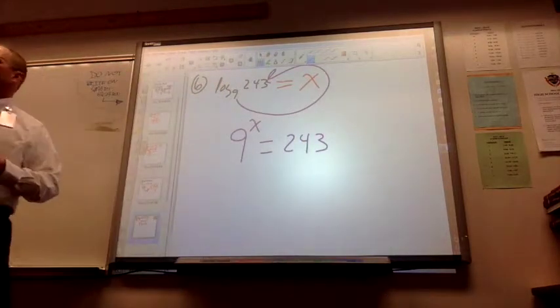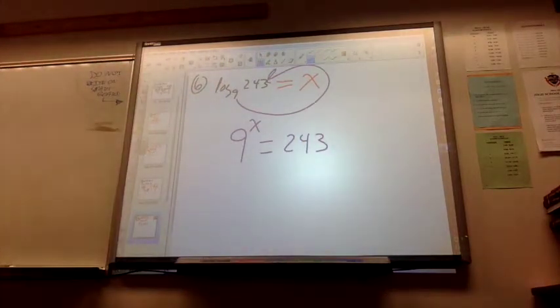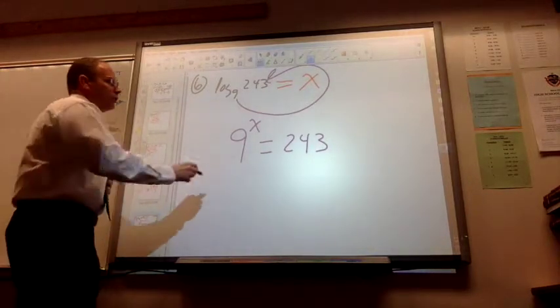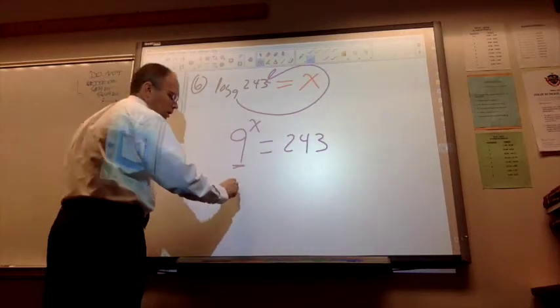So let's investigate this. I know I can't make 9 and 243 be the same base. So let's break 9 down to a smaller base. What's a smaller base that 9 breaks down to? 3 to the second. So this is the same thing as 3 to the second.